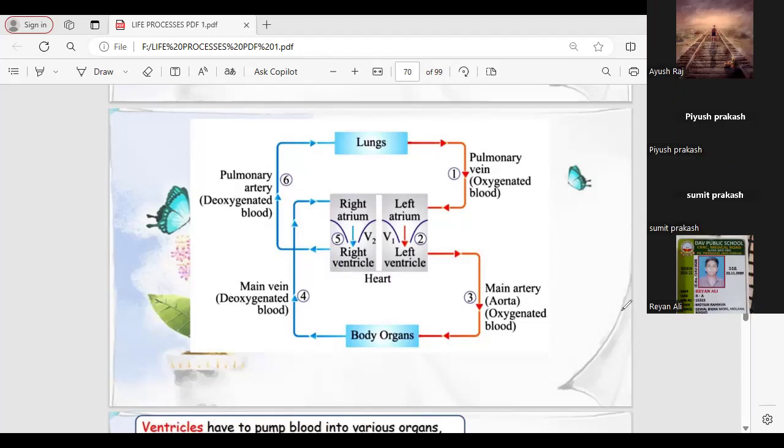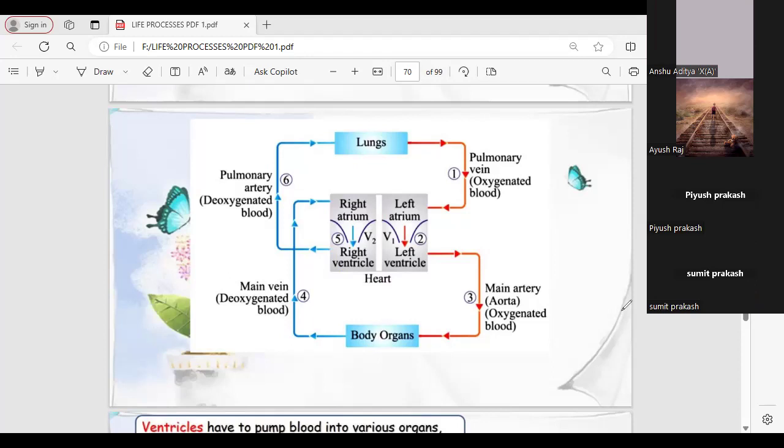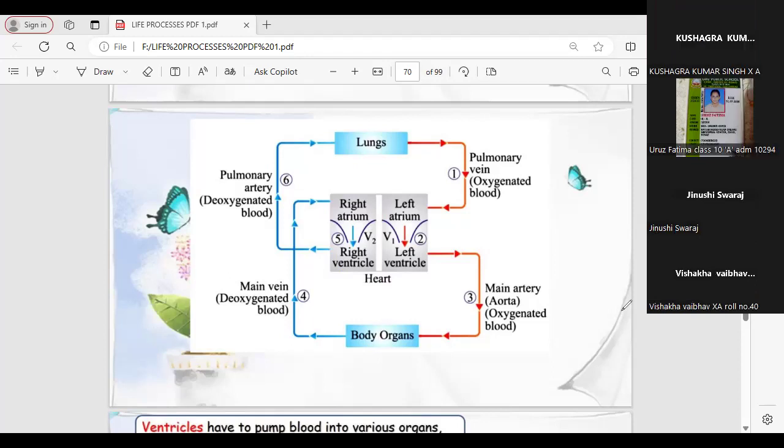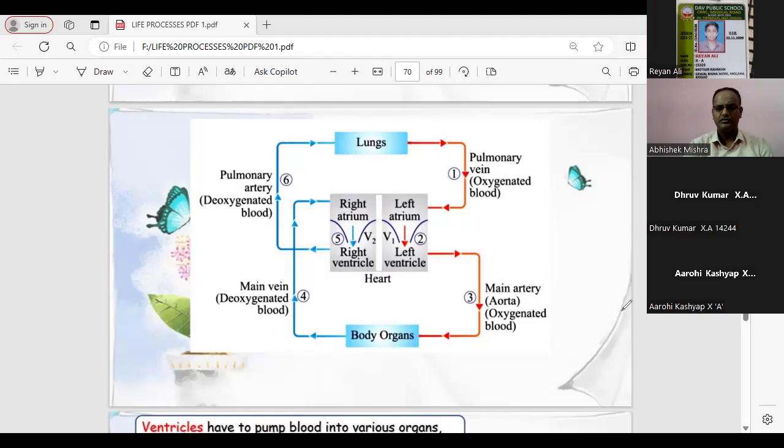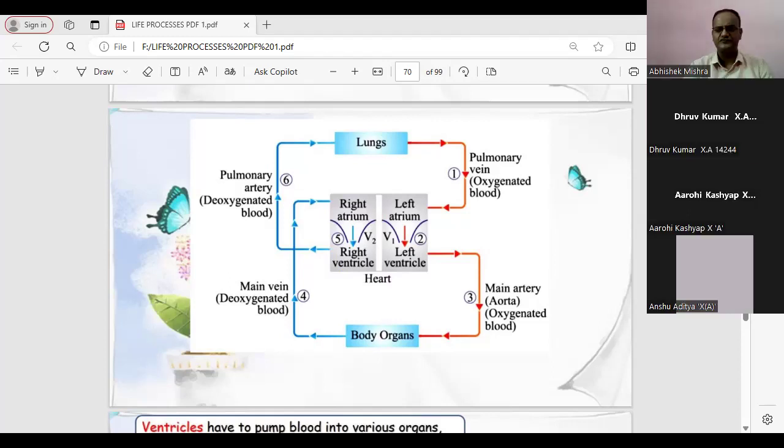Sumit, unmute yourself. Still the problem persists from your side. Okay, no problem. Next.